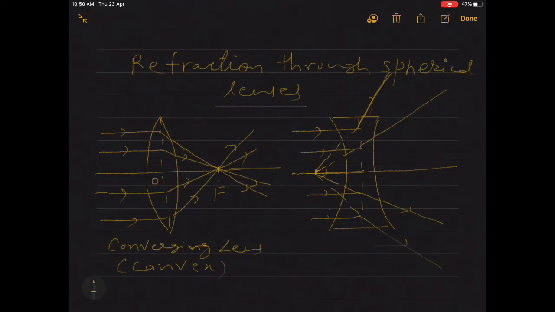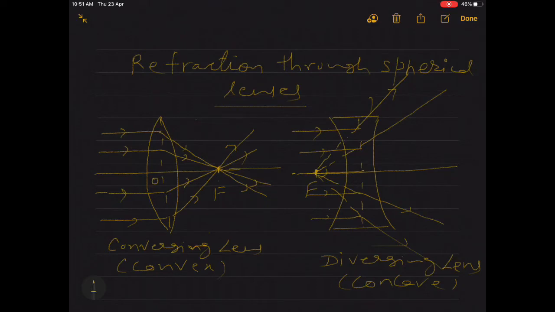So this lens is a diverging lens, and it is known as concave lens also.